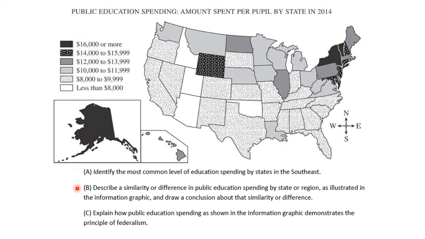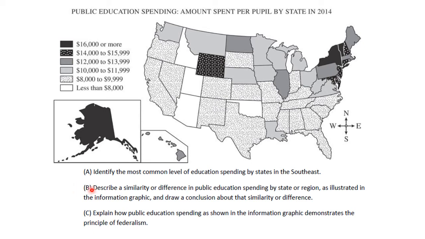Part B. Describe a similarity or difference in public education spending by state or region as illustrated in the information graphic, and draw a conclusion about that similarity or difference. So right off the bat, I know that this part B is worth 2 points. You have describe a similarity or difference and draw a conclusion. So when we answer this, we're actually going to break it up into 2 parts.